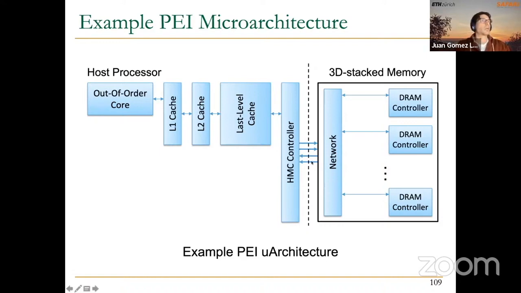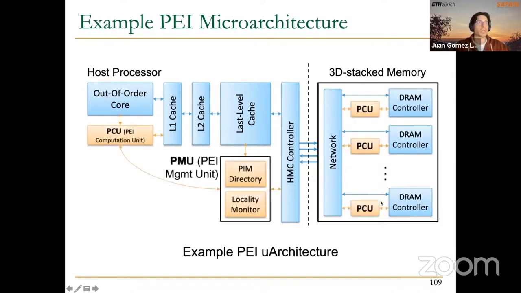And then I can show you in this slide an example PEI microarchitecture. This would be, let's say, the baseline microarchitecture, the baseline processor with the out of order core. And here we have the 3 levels of cache, the memory controller, and the external off-chip memory. In this case, a 3D stack memory similar to HMC.